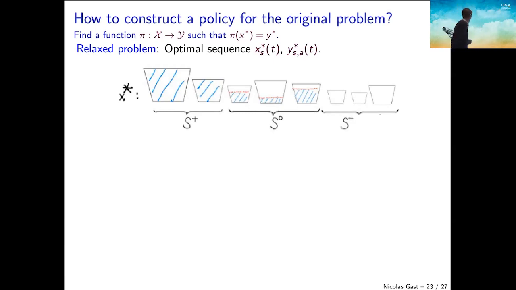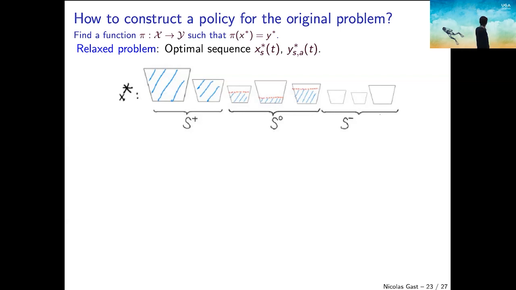And I have a picture, sort of pixelized picture, sorry. But it says that at a given time t, your optimal sequence, x star, y star, will give you x star as the size of my boxes, and y star will be like the part that is here.